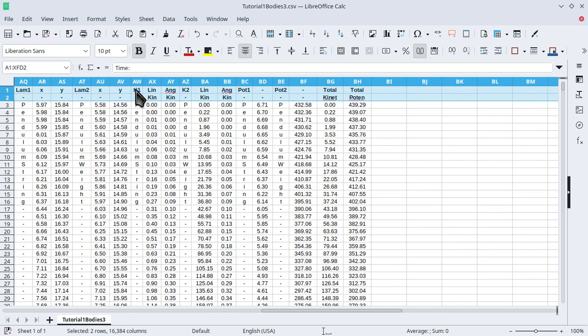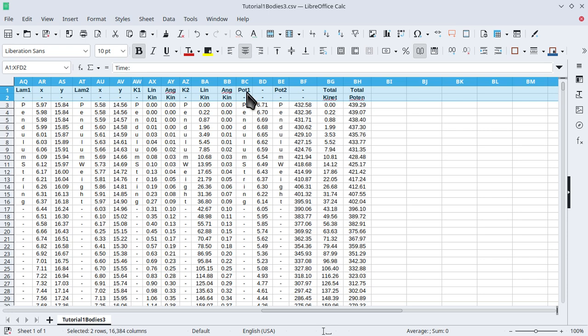And then following the lambdas we have the kinetic energy: the linear kinetic energy of the pendulum string, the angular kinetic energy of the pendulum string, the linear kinetic energy of the body, of the weight, and angular kinetic energy of the body.